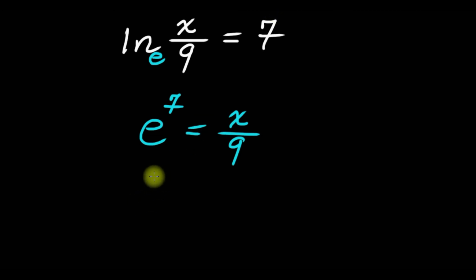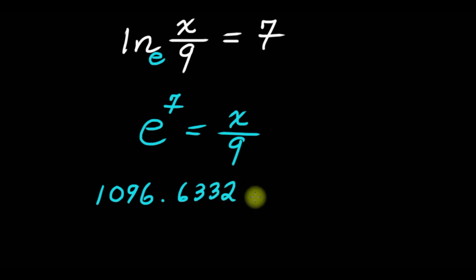Okay, so e raised to the 7th power is going to give you 1096.6332, and then x over 9. To get the x by itself, I would have to multiply by 9.